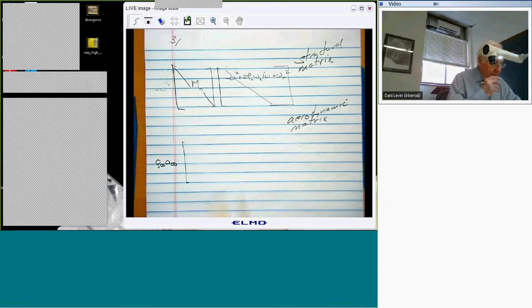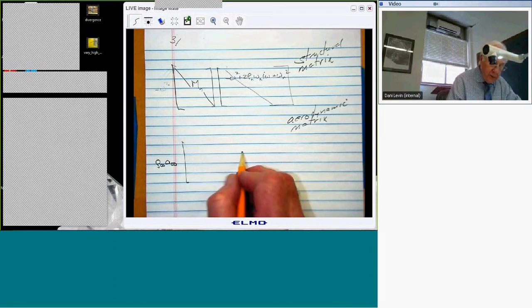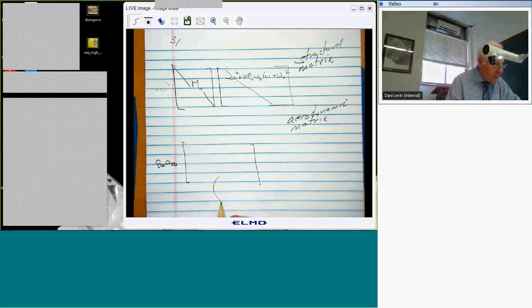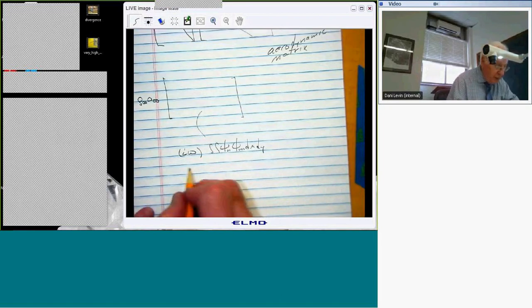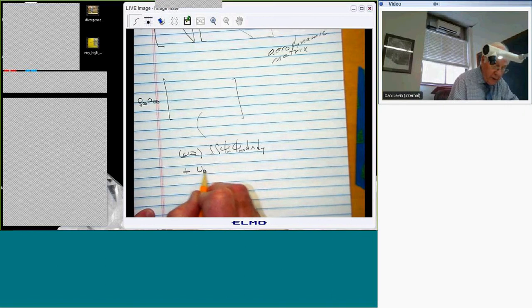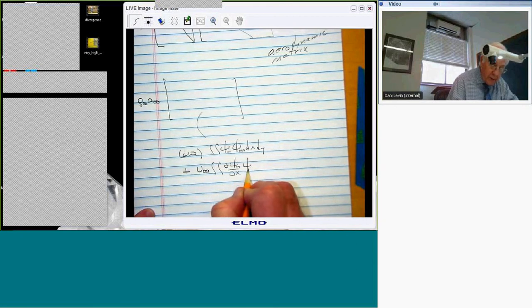And then a typical term in this matrix looks like the following. It's I omega, the double integral of psi sub n times psi sub m dx dy, plus u infinity, double integral of the derivative of psi sub n with respect to x, times psi sub m, dx dy.